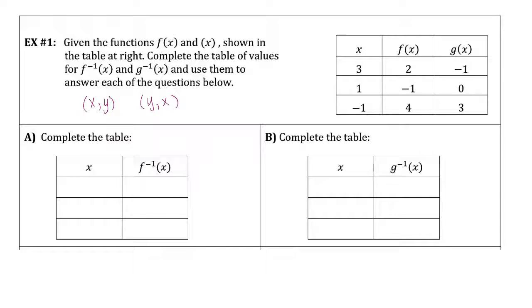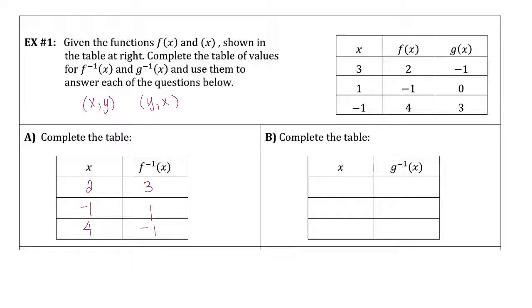So based on that, and looking at our table that we're given, if x is 2, then f inverse of 2 is 3. If x is negative 1, then f inverse is 1. And finally, if x is 4, f inverse is negative 1.